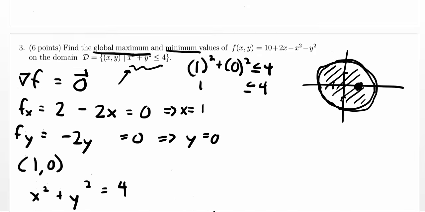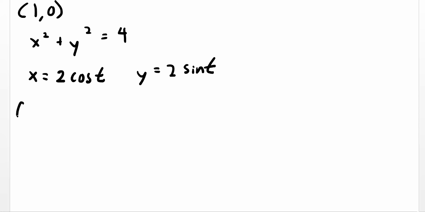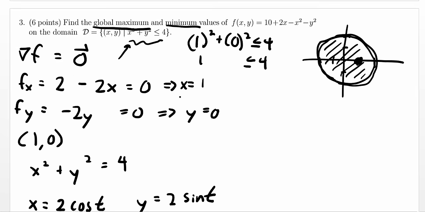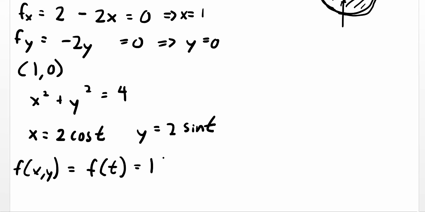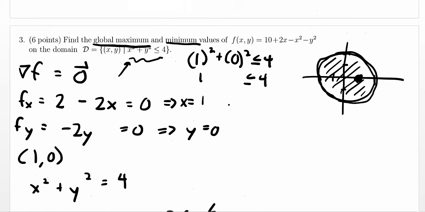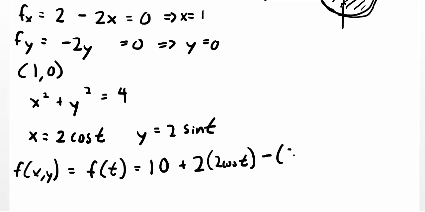Now if we do that, our equation instead becomes a single variable equation. 10 plus 2, and our x now is 2 cosine t, minus 2 cosine t squared minus 2 sine t squared.